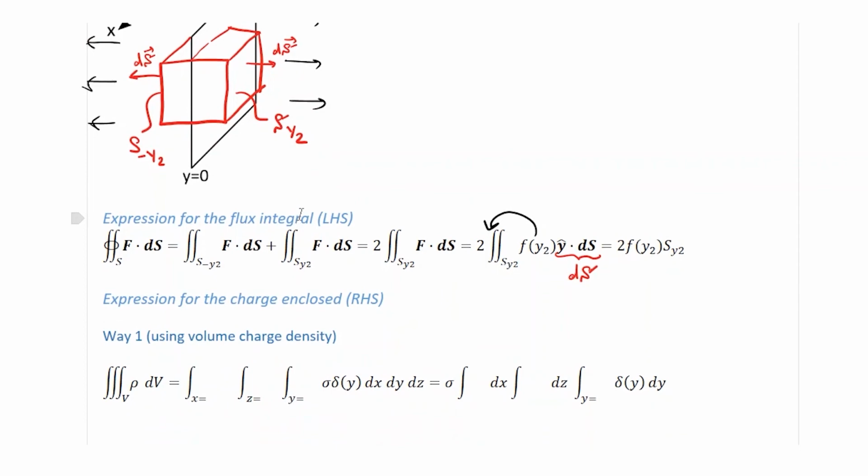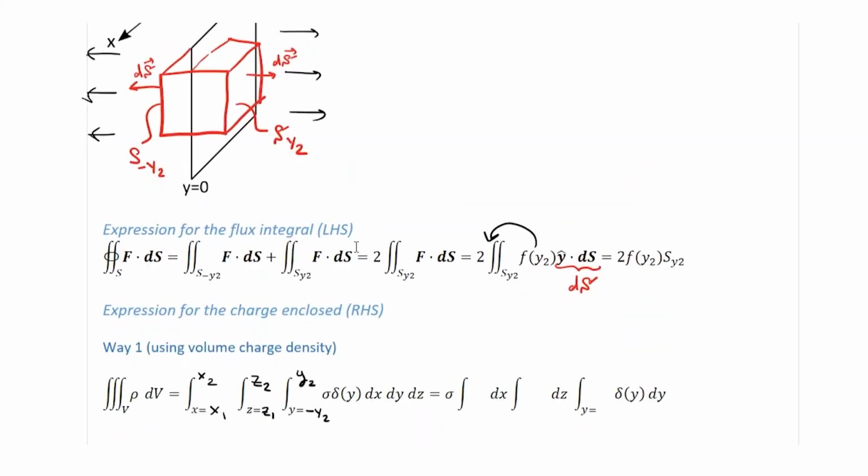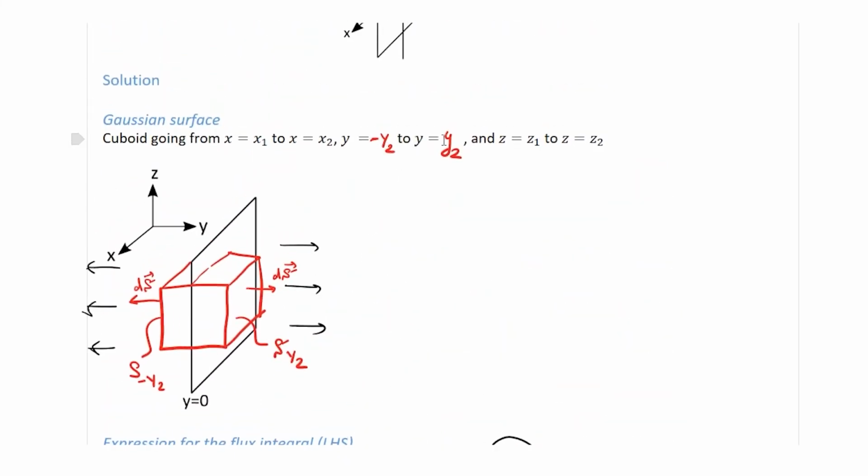Now let's work with the left-hand side. We have the integral of charge density for x going from x1 to x2, z going from z1 to z2, and y going from negative y2 to y2. Remember, this is how we chose our Gaussian surface, negative y2 to y2.